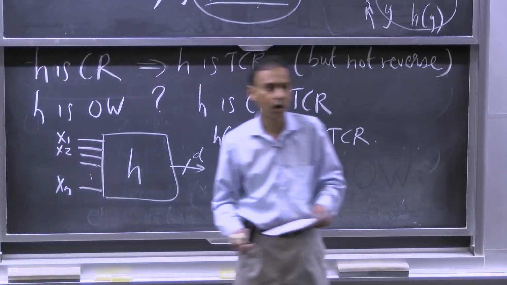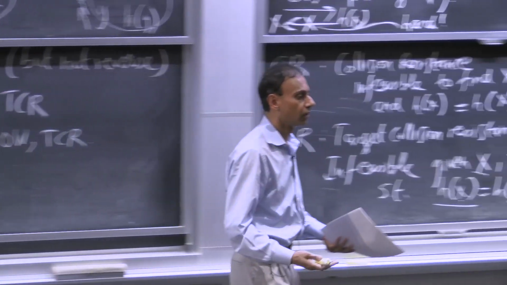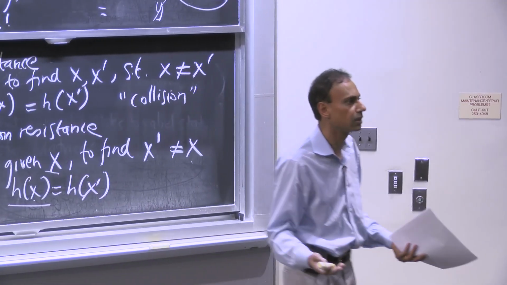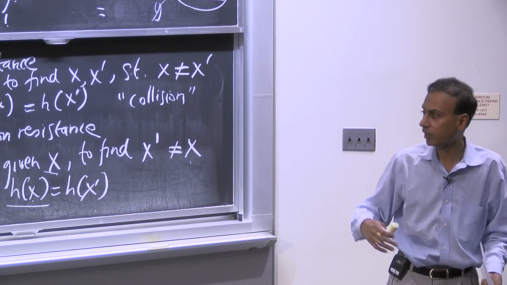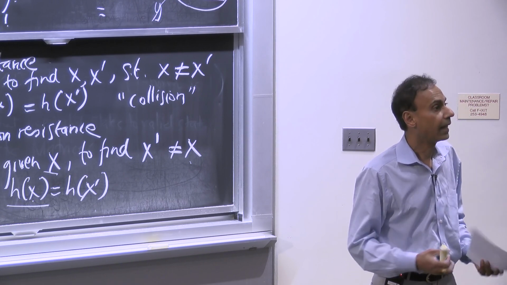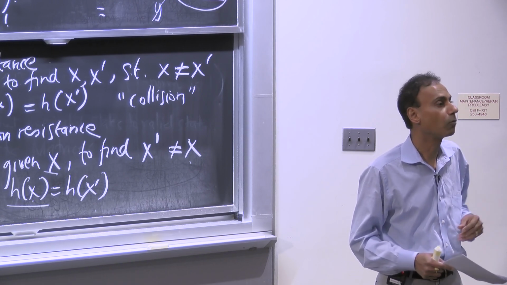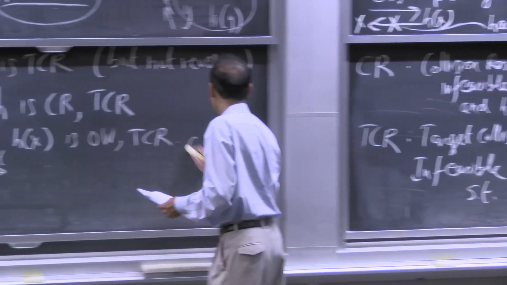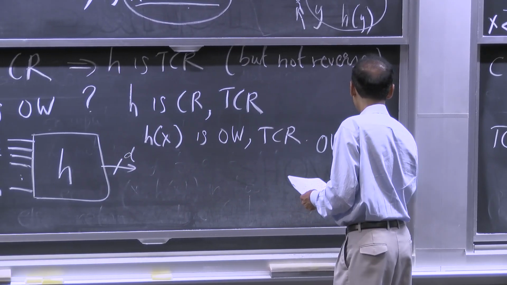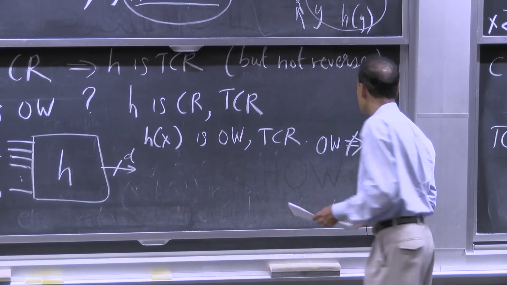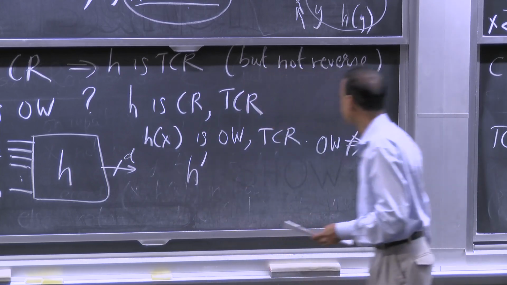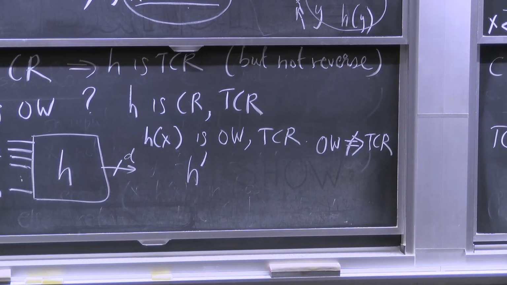But you're allowed now to give me an example. This is some hash function that you can create which may use h as well. And h is kind of nice because it has this one-way property. So let's say that we want to discover something where one-way does not imply TCR. I want to cook up a hash function h prime such that h prime is one-way, but it's not TCR.